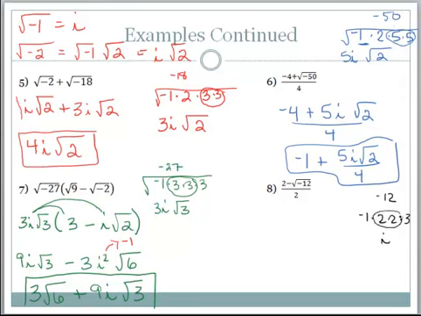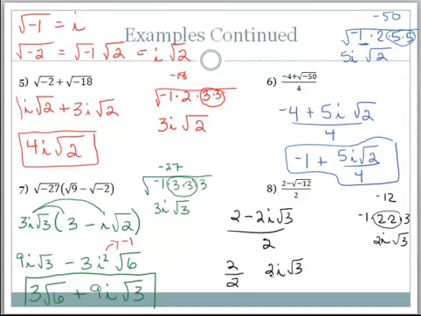The 2's get to come out, but the 3 has to stay inside. So we have 2 minus 2i square root of 3 all over 2. Split it up, so you have 2 over 2 minus 2i square root of 3 over 2. Reduce those and you get 1 minus i square roots of 3.